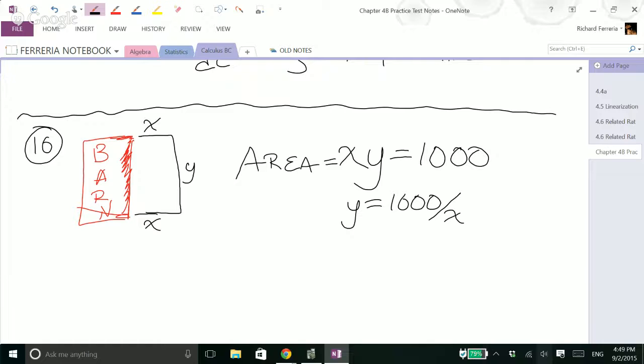We want to minimize the amount of fencing we use. How much fence do we use? F of x equals the amount of fencing.